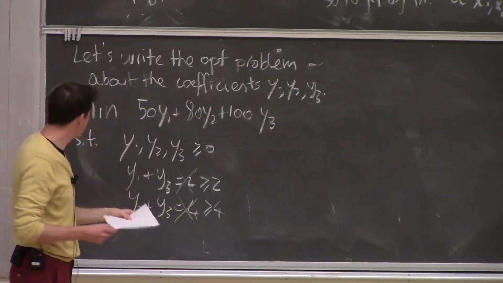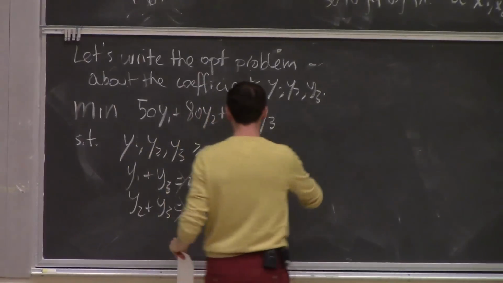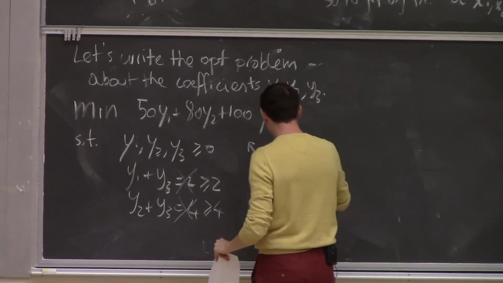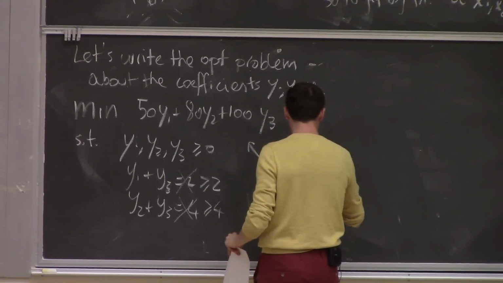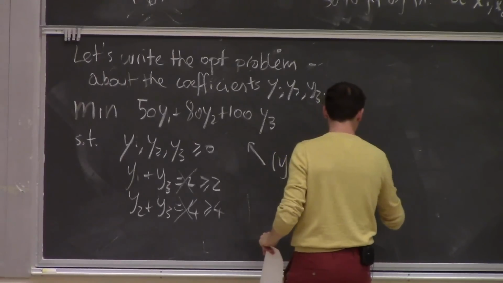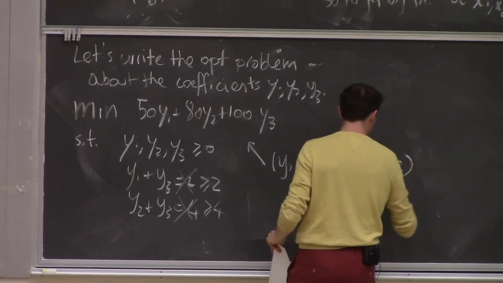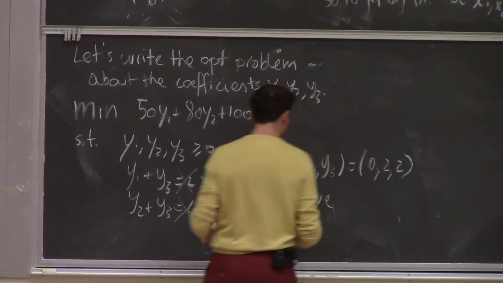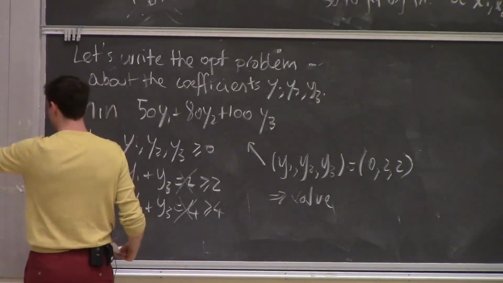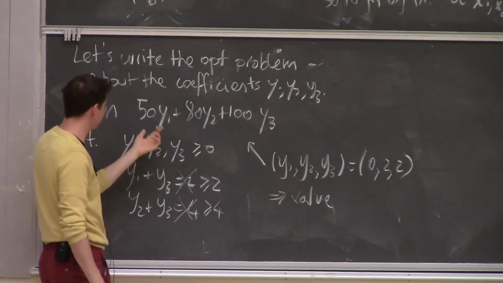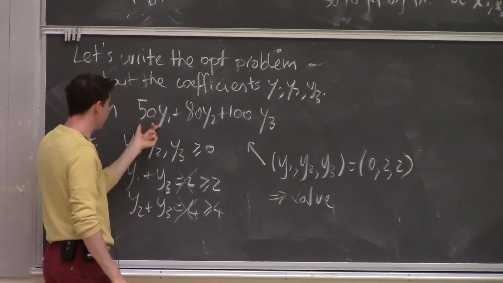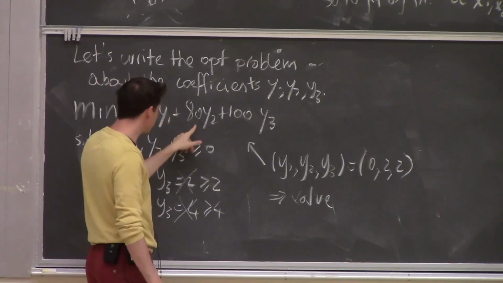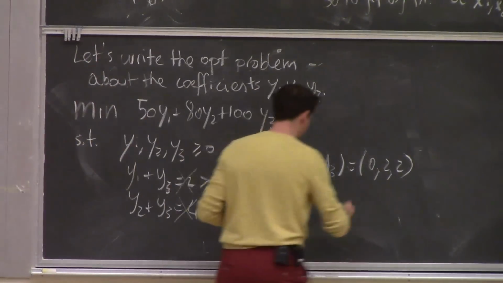And also we should verify that the solution y1, y2, y3 equals 0, 2, 2 has value 360. That was kind of obvious from there as well, but now we're verifying it because, look, we have 50 times 0, that's fine, plus 80 times 2 plus 100 times 2, that's exactly 360.